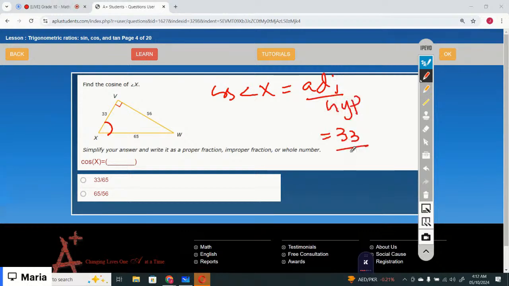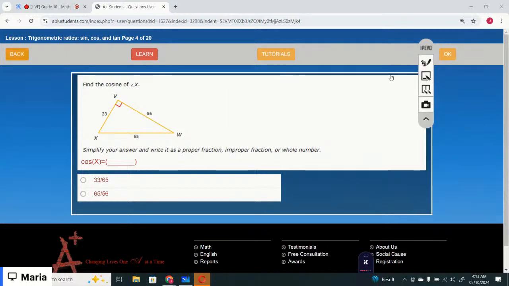Adjacent is 33 and hypotenuse is 65. So cos of angle x is 33 over 65. Okay, you can complete the lesson by yourself later today. Let me just move on to the next lesson.